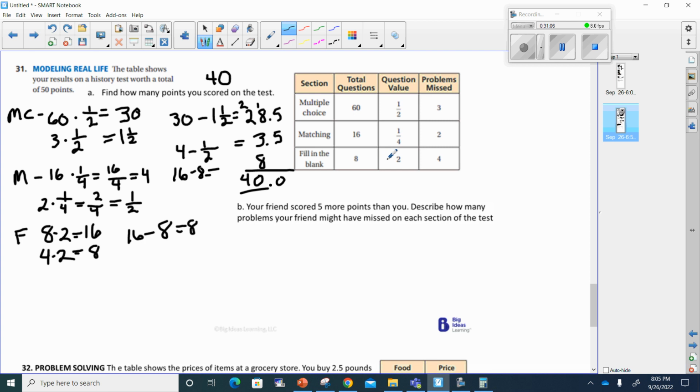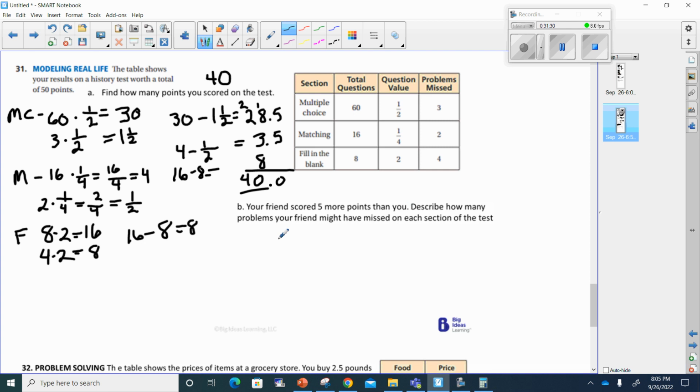He couldn't here because each question is worth 2. So on the fill in the blank, to get 4 more points, he would have to get 2 more problems right.